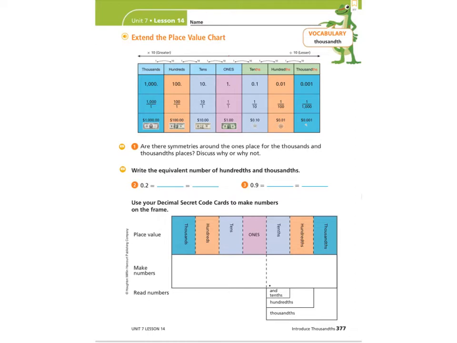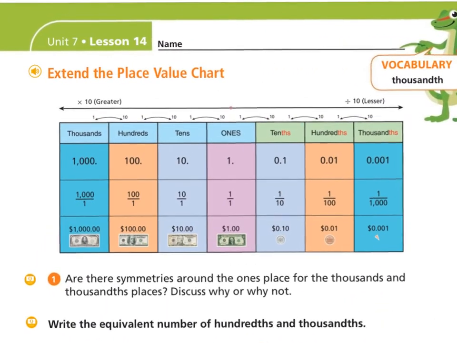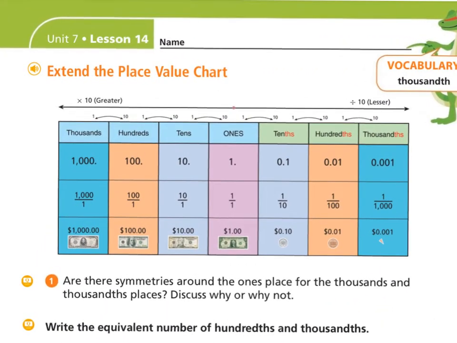Now that you have your practice book ready to go, we are going to jump right back in to using decimals, and today we are going to be extending our place value chart into the thousandths. So let's just review for a moment what we already know about our place value chart. First of all, we know that when our decimal point goes in here, we say the word and.